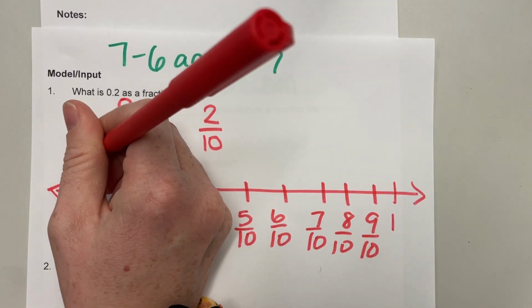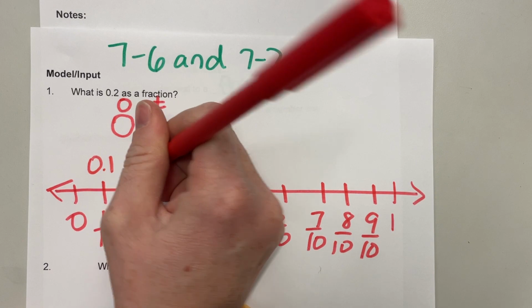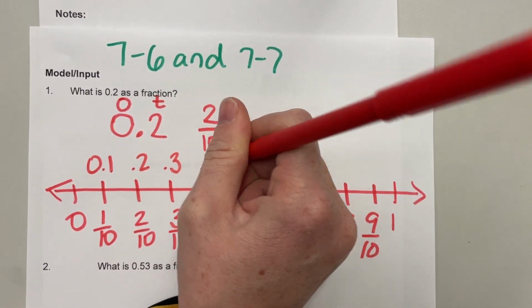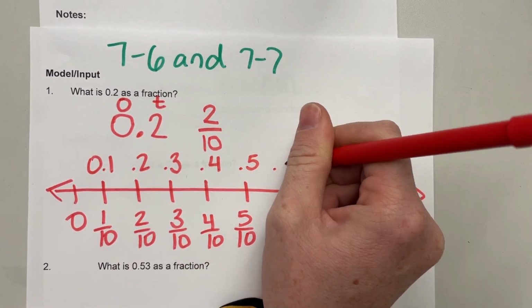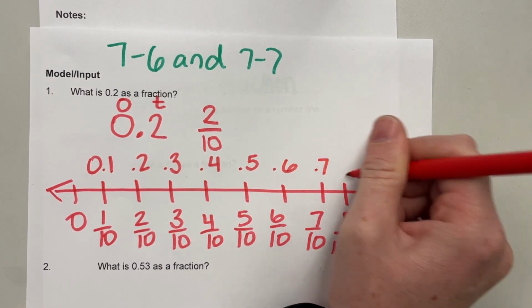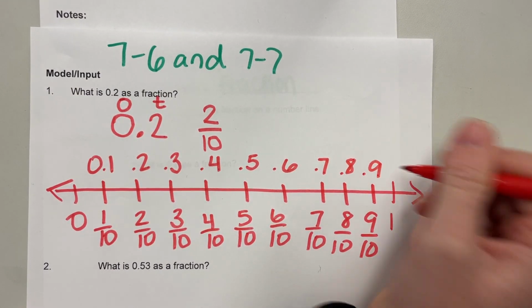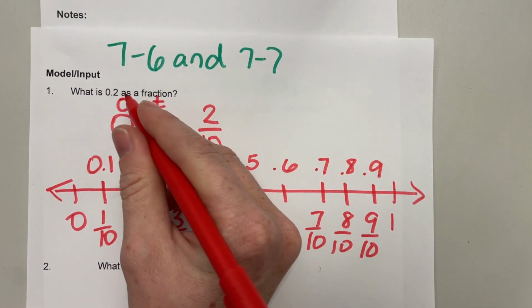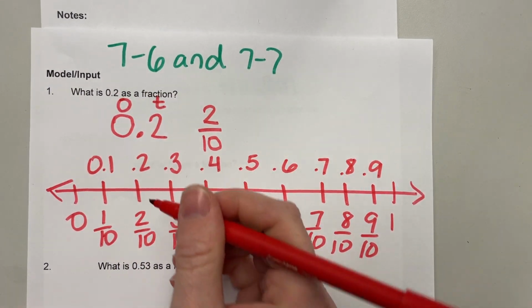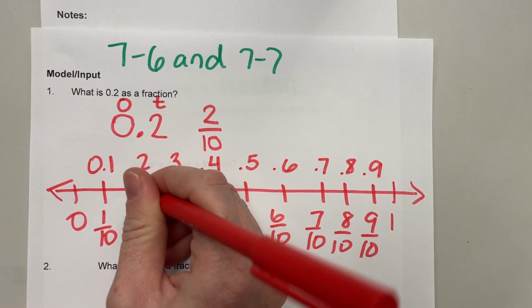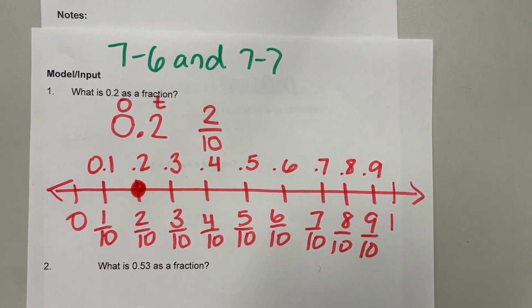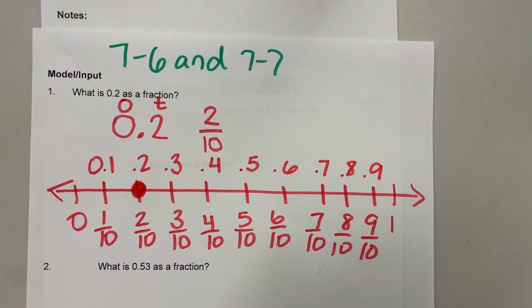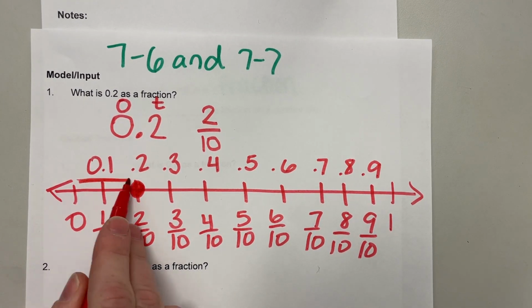Okay, and I am plotting 0 and 2/10 or 2/10 on that number line. So my plot would be right there. I could either put a line or I could shade in up until that point.